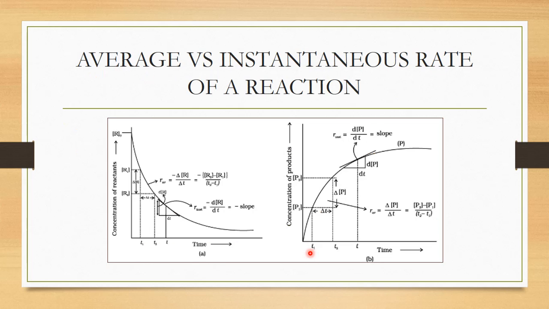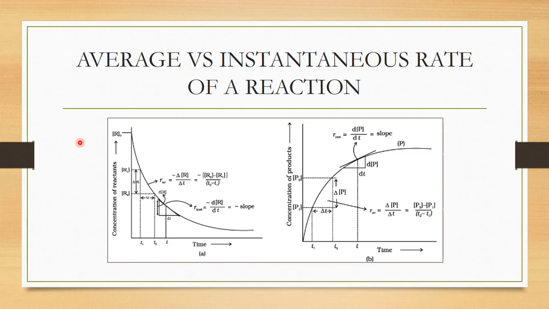Now what is an average and instantaneous rate of a reaction? Students, if you are going from Panipat to Delhi, you cannot drive your car at the same speed, right? Sometimes you will have to slow down. Sometimes you can go fast depending upon the road condition.